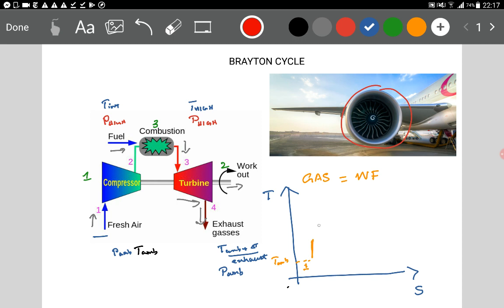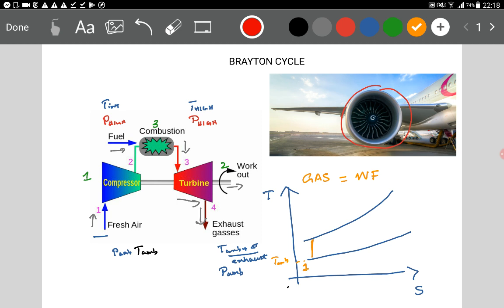On the TS diagram, these lines show constant pressure lines.